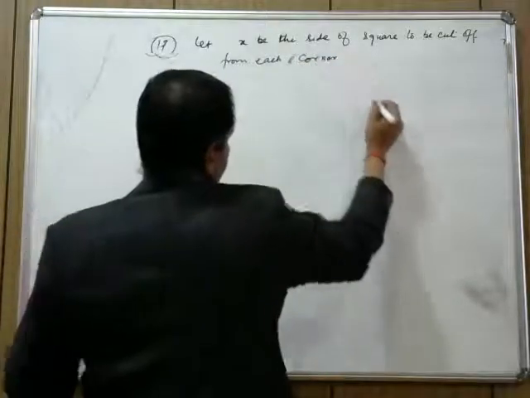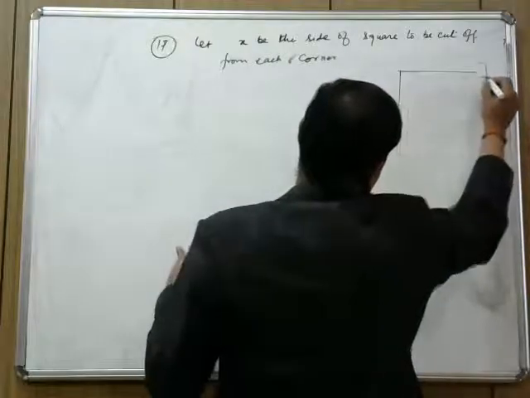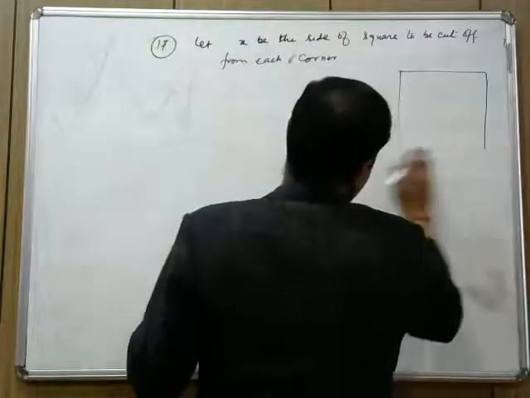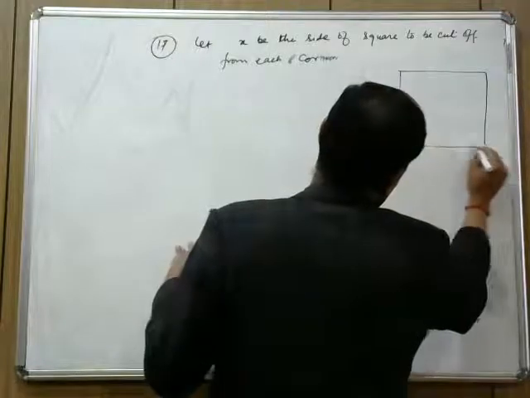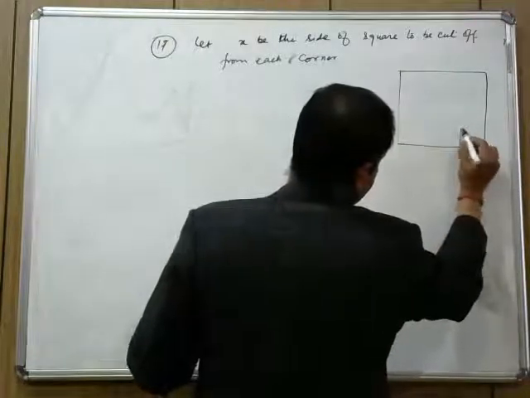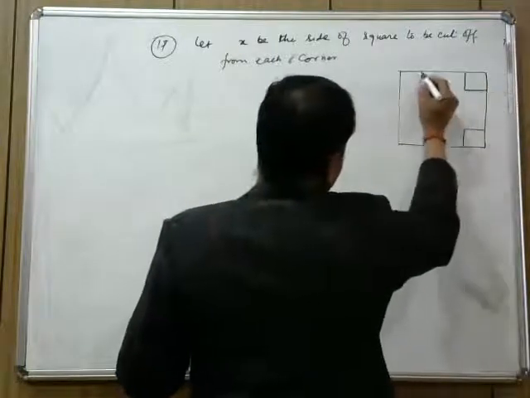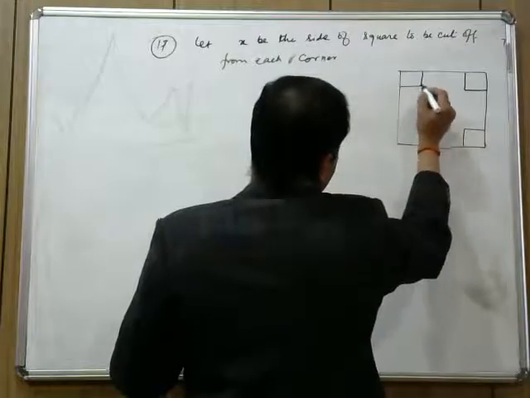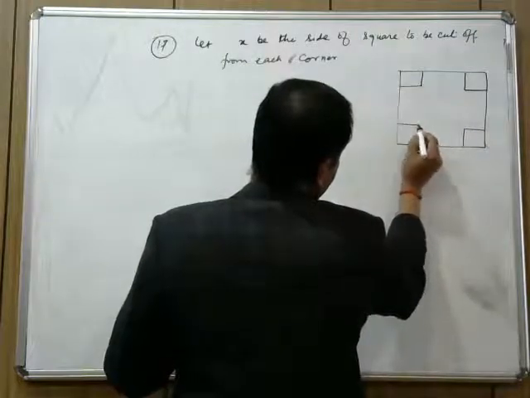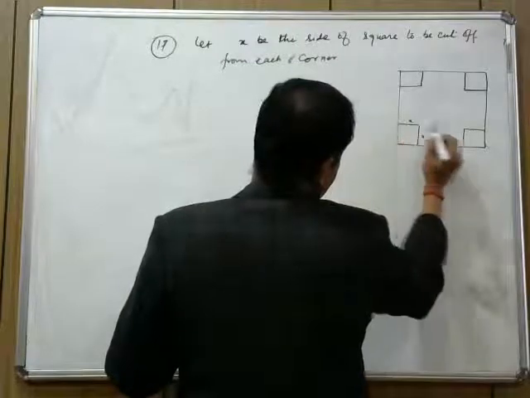If you draw the figure, the square is given like this. Right? And from each corner, one square of side x is to be cut.